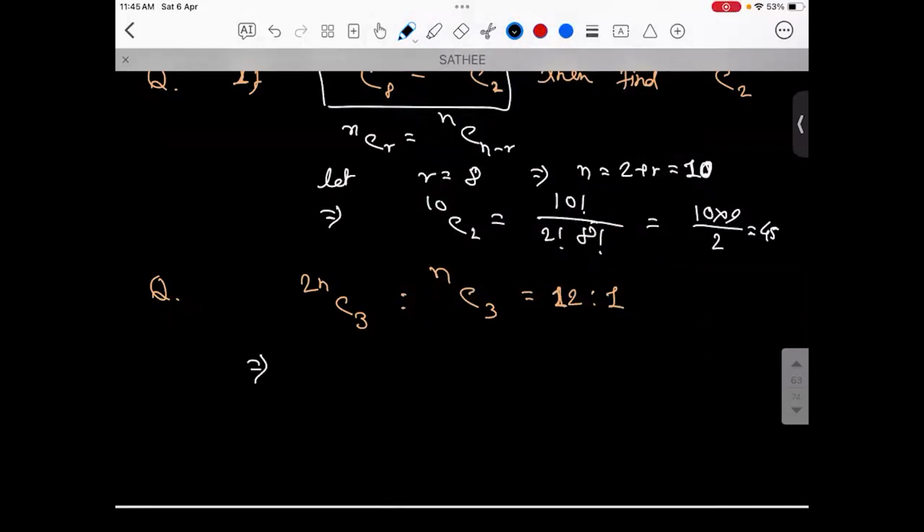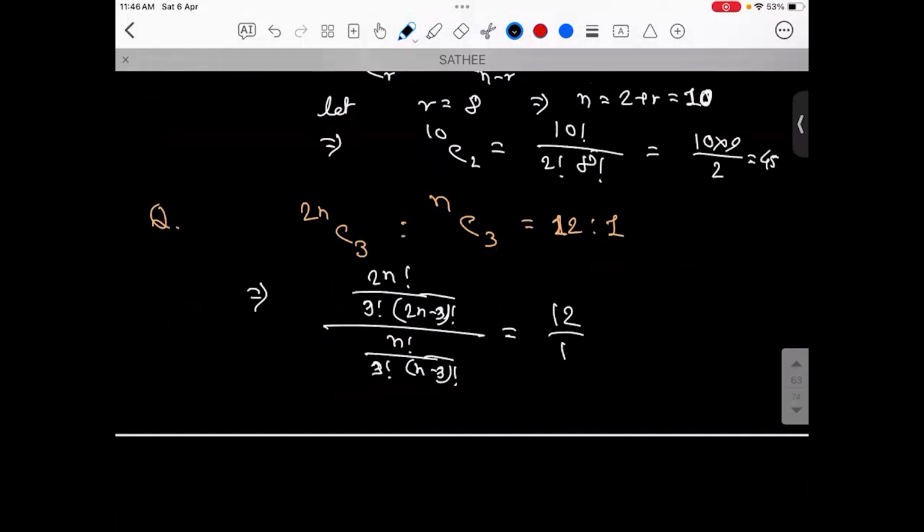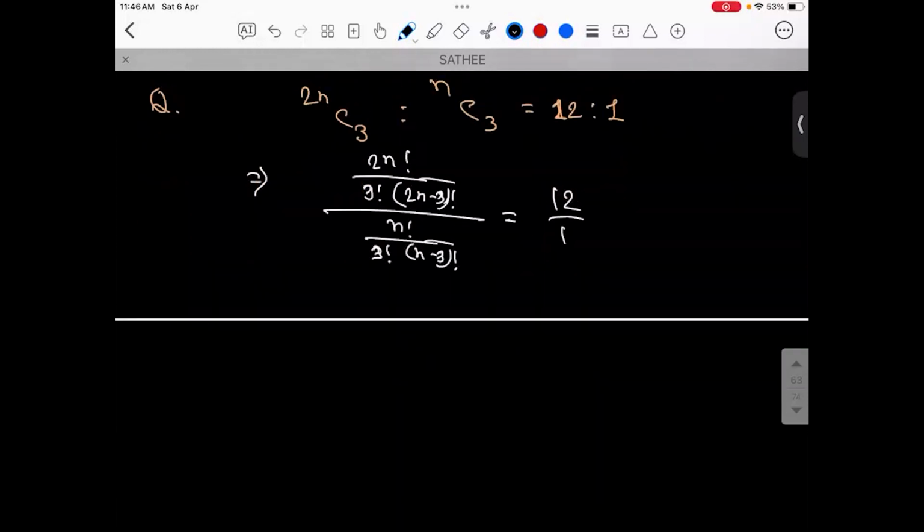So what will be 2n factorial over 3 factorial into 2n minus 3 factorial, divided by n factorial over 3 factorial into n minus 3 factorial, which is equal to 12 divided by 1. Can I use any further formula here? Okay, fine.